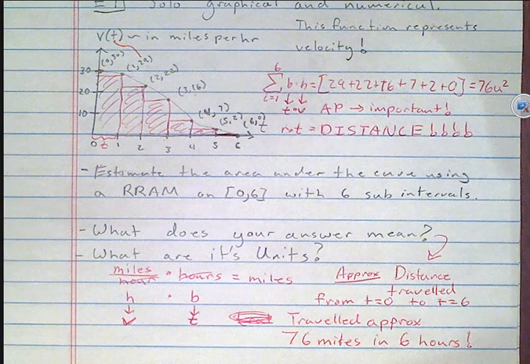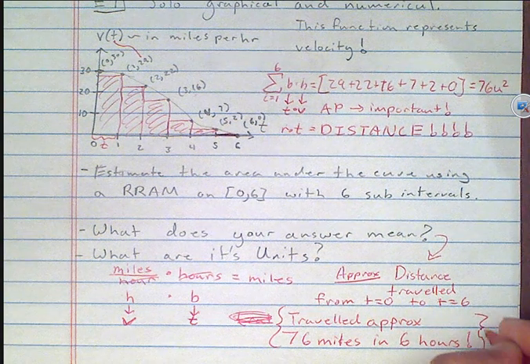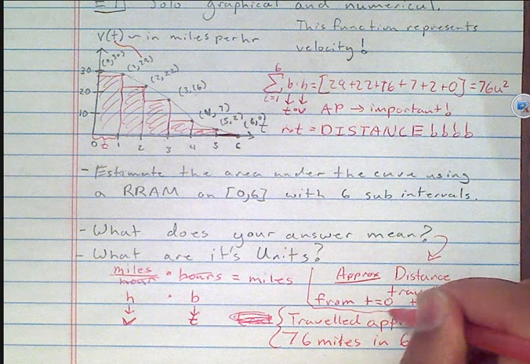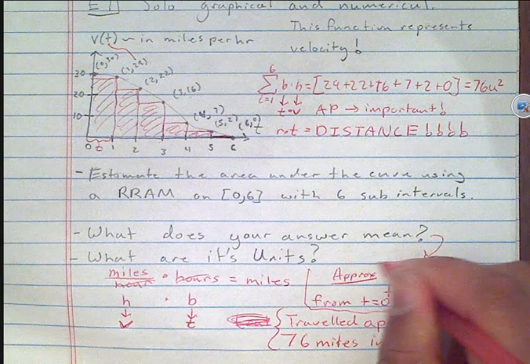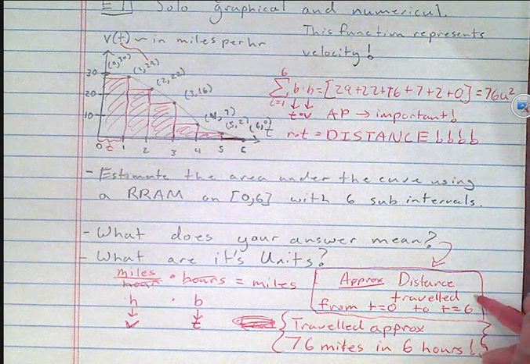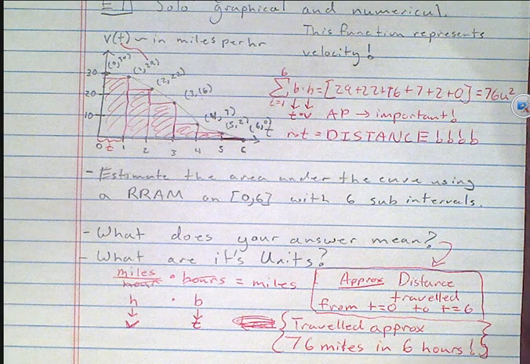And this is not exactly the way you need to say it. Exactly the way you need to say it is this is the distance traveled from t equals 0 to t equals 6. But either one of these are correct. They're just not verbally exact.